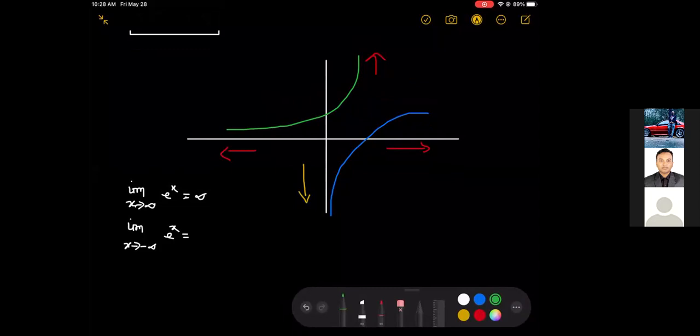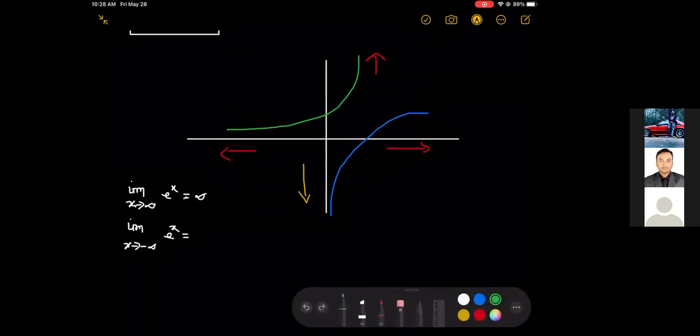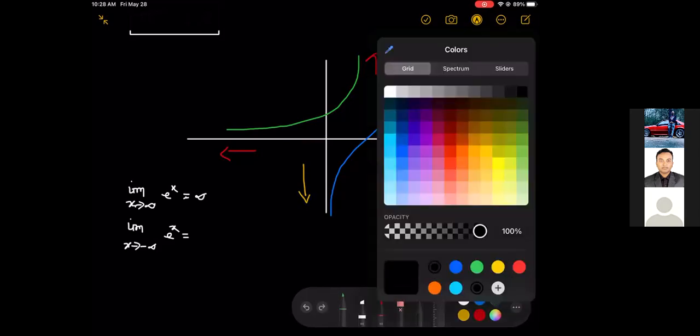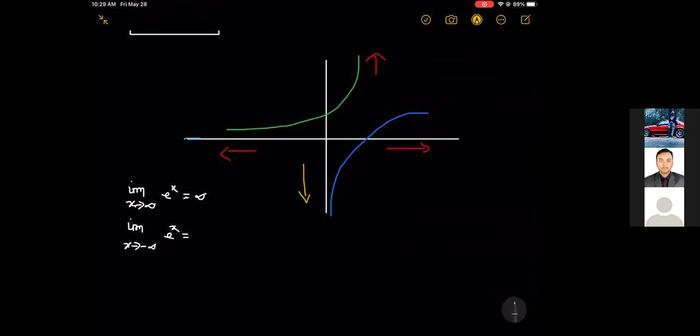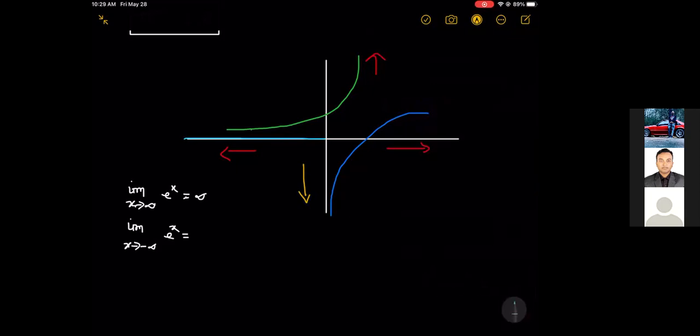This is actually heading towards this particular line. Oh, sorry, I think I should use a different color. It's actually heading towards this line, right? This greenish line is actually heading towards this line, and this line is actually 0.